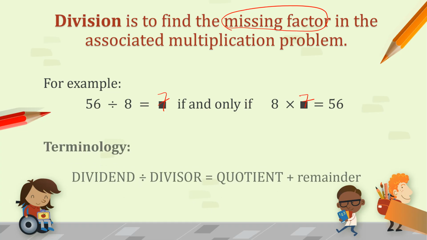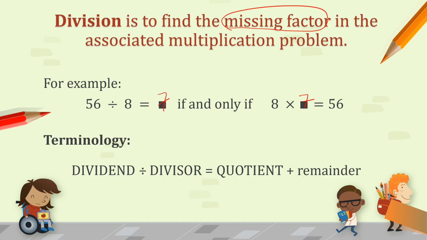Here is some terminology to know. Just like in addition, the sum is the answer to an addition problem, the difference is the answer to a subtraction problem, and the product is the answer to a multiplication problem.